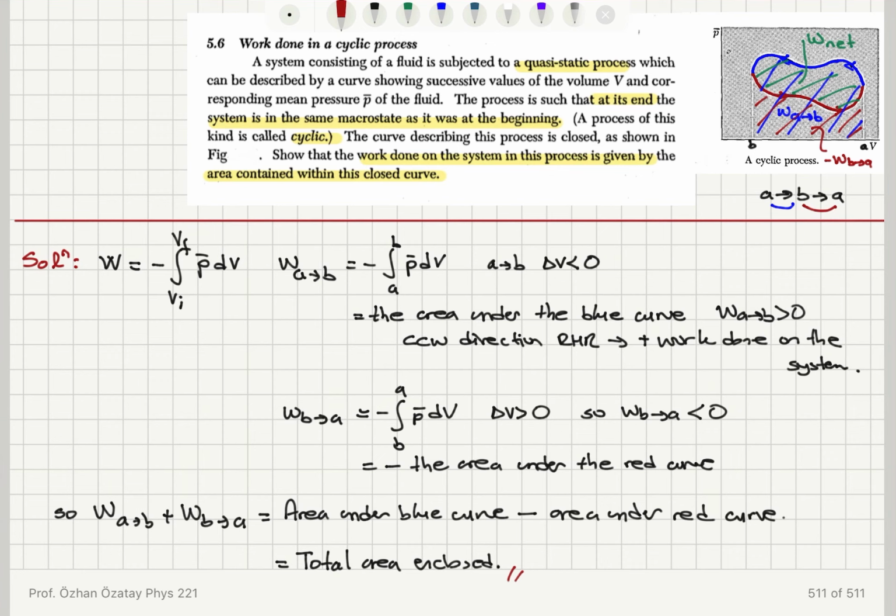Why minus? Once again, you can see that going from B to A we have an increase in the volume, so you would have a negative work done on the system.